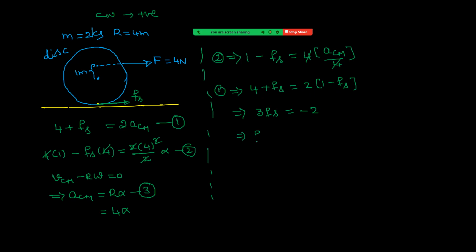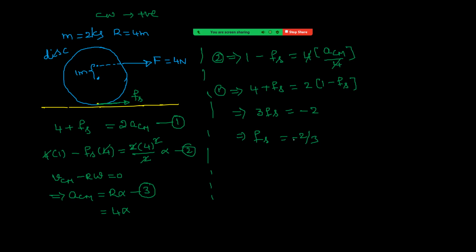That means Fs equal to minus 2 by 3. Right? And remember, we have taken frictional force to the right side, but we got a negative sign here, right? Negative sign indicates that the frictional force is now on the left side.